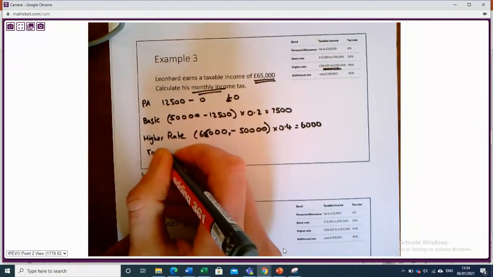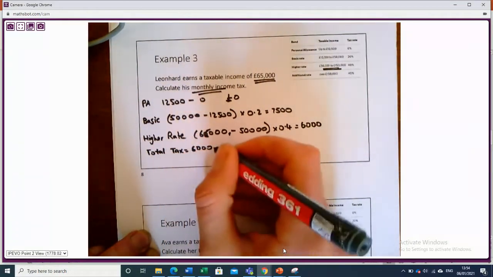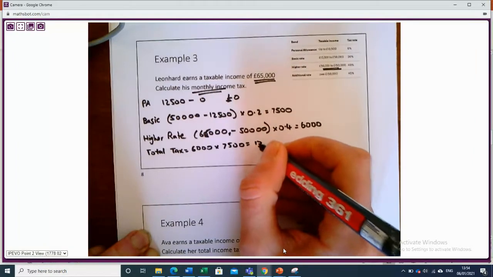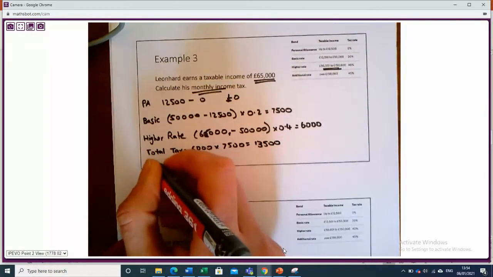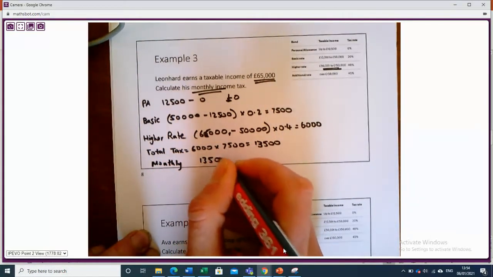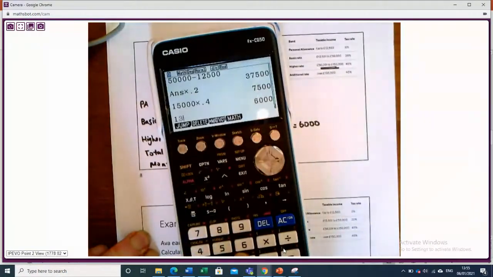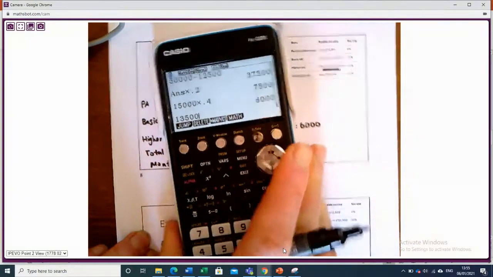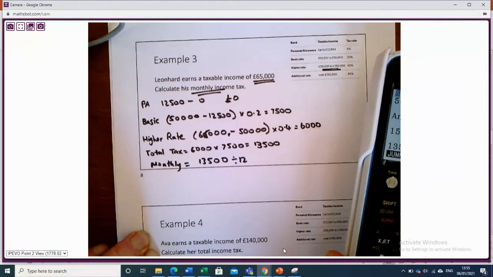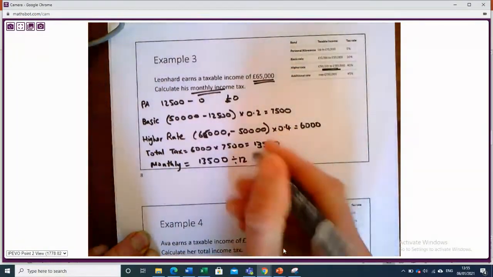So the total tax, and the monthly tax, £1,125.